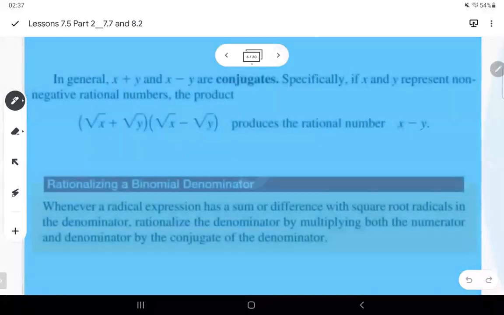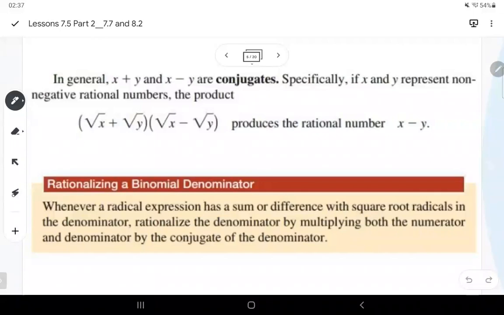This is just explaining a little bit more about conjugates in general. x plus y and x minus y are conjugates. Specifically, if x and y represent non-negative rational numbers, the product becomes x minus y. Whenever a radical expression has a sum or difference with square root radicals in the denominator, rationalize the denominator by multiplying both the numerator and denominator by the conjugate of the denominator.